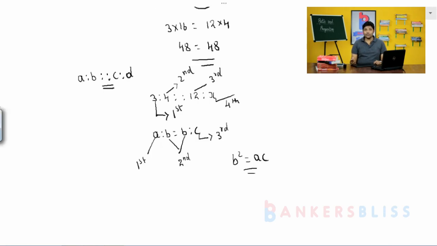This means if one value increases, the other value also increases in the same proportion as the first value. If the first value decreases, the second value decreases in the same proportion. The number of chocolates went from 10 to 20, multiplied by 2, so the price should be 50 into 2, 100.